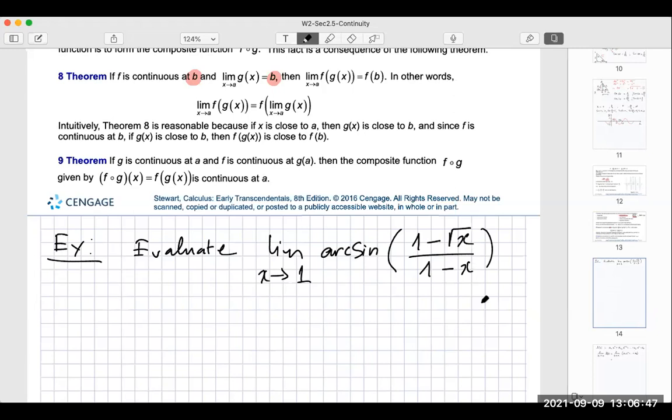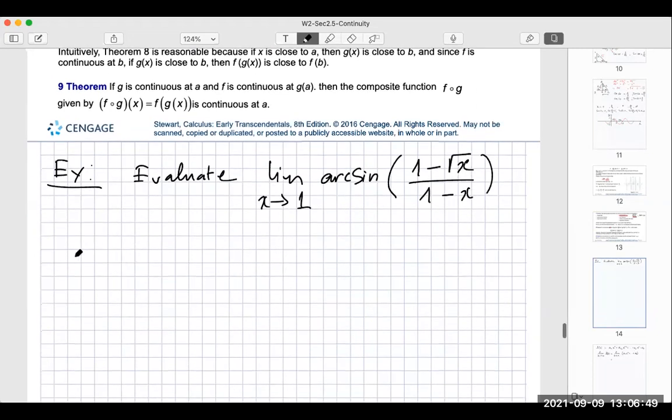Okay? So do you remember this function, or do you need me to explain it a little more? It's just taking sine and putting it over 1, right? Yes, okay. So arcsine is the inverse of sine.